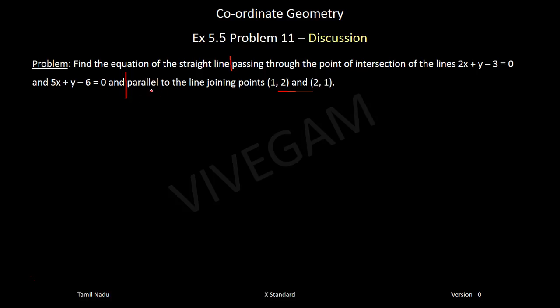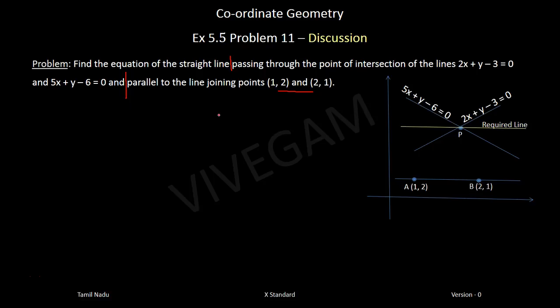Then it is parallel to the line joining the points (1, 2) and (2, 1). From these two points you can calculate the slope, and any line parallel to this line has the same slope, which is the slope of the required line. So this gives us the slope, and this part gives us one point. Use the slope point form and calculate the equation of the straight line.